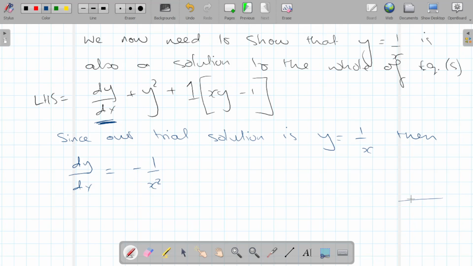I'll just quickly show you how to do that. If y is equal to 1 over x, or x to the minus 1, then dy by dx is equal to minus x to the minus 2, which is the same as minus 1 over x squared, right? So since our initial trial solution is y equals 1 over x, then dy by dx is equal to minus 1 over x squared.